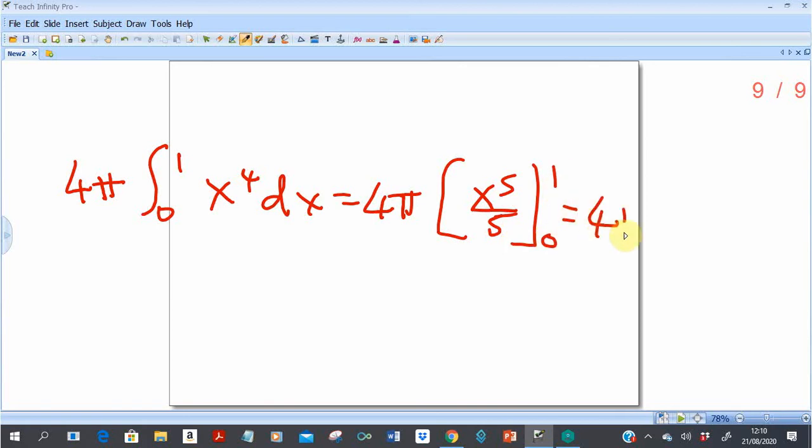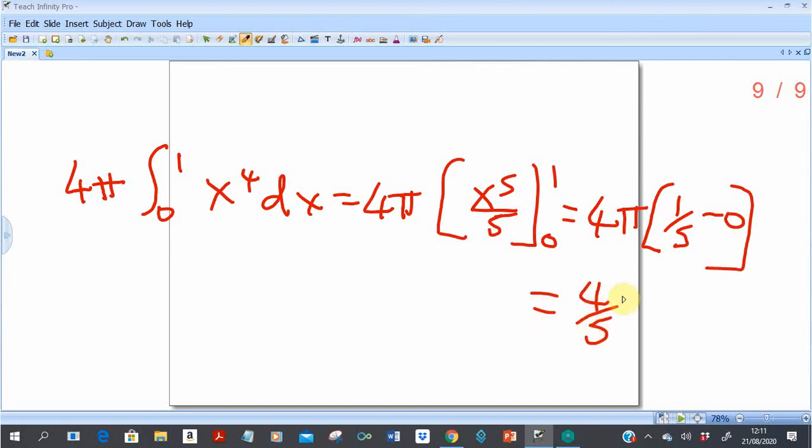This gives you 4 pi times 1 over 5 minus 0, which then gives you 4/5 pi. Now the units are cubic units.